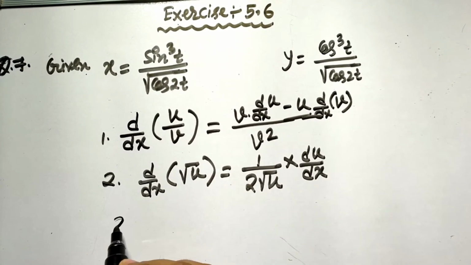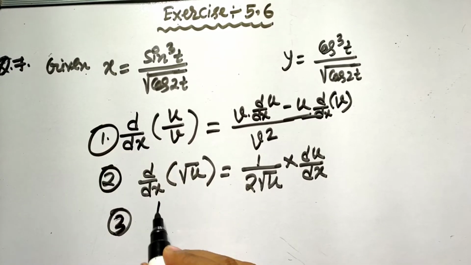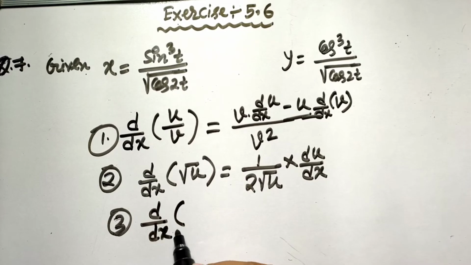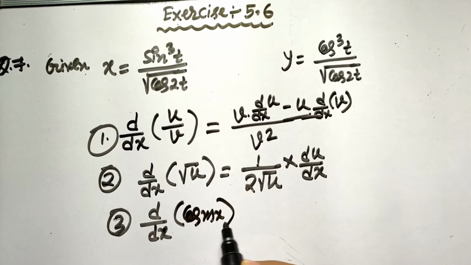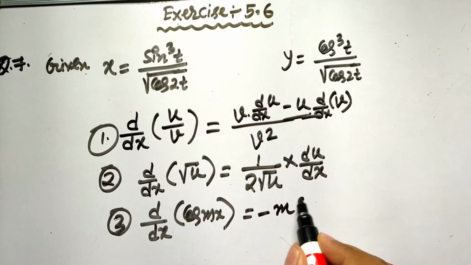Next, formula number 3: we will use the derivative of cos mx with respect to x, which is minus m sin mx.